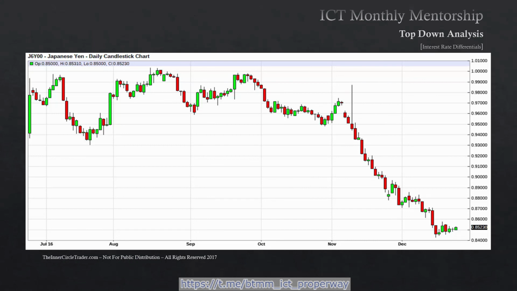So we're going to talk more about differentials, and we're actually going to start talking about yield spreads also when we get into swing trading. So there's other information we're going to talk about with interest rate differentials and yield spreads. But for now, go through your charts and look at the interest rate differentials between all the weaker and higher yielding currencies on the central bank level, and look back over the last 6 months and see what pairs you see.